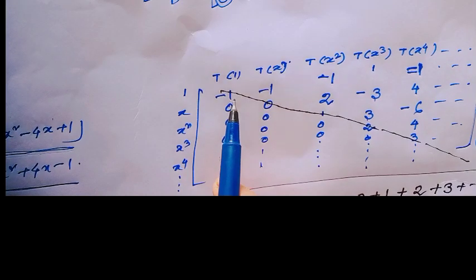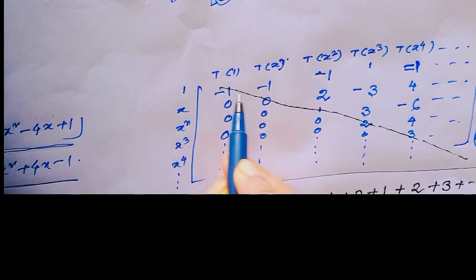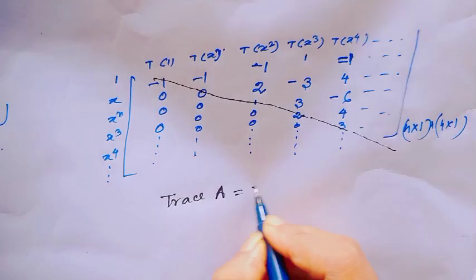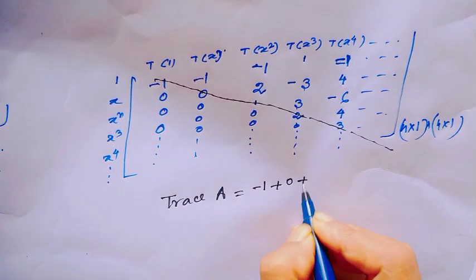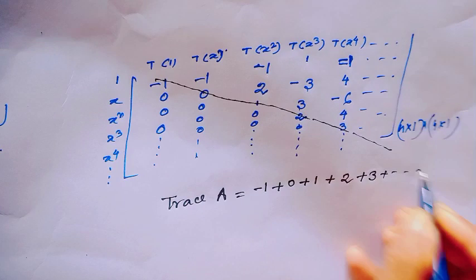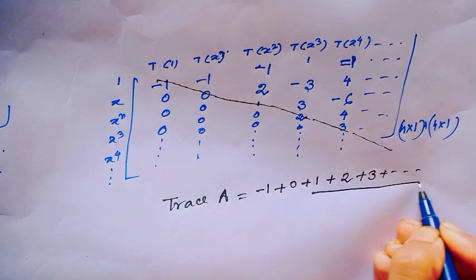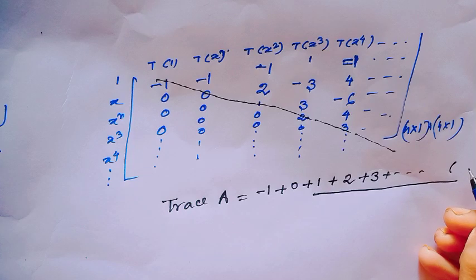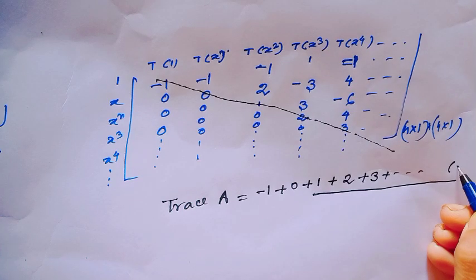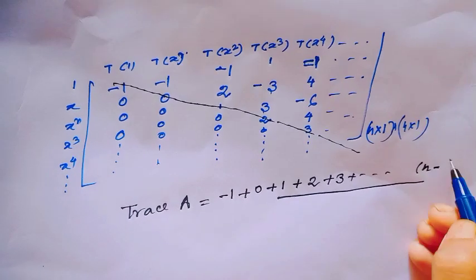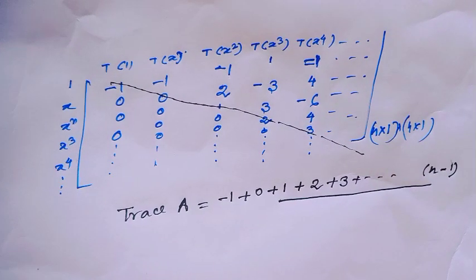Since trace means the sum of the diagonal of the matrix, then minus 1 plus 0 plus 1 plus 2 plus 3 and so on, and this would continue, 1 plus 2 plus 3 plus 4 plus 5, up to n minus 1 terms.